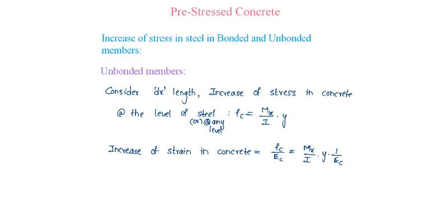From strain compatibility, say the total increase of length will be equal to, integrating, since it is in dx length increases this much, in total length it will be integrating from x equal to 0 to L, Mx by I into Y into 1 by Young's modulus of concrete into, in length will be equal to strain, so strain into dx.